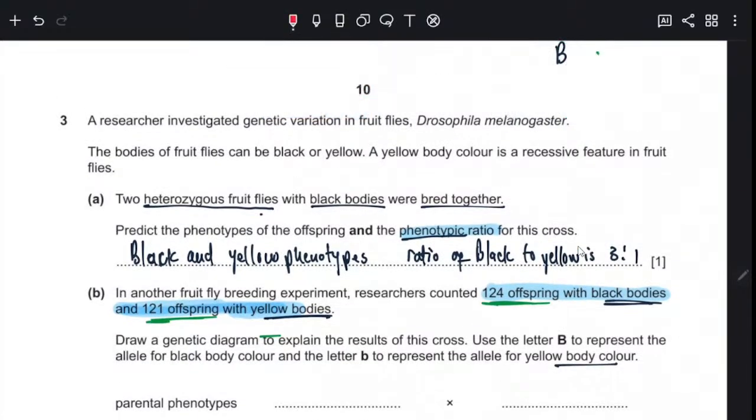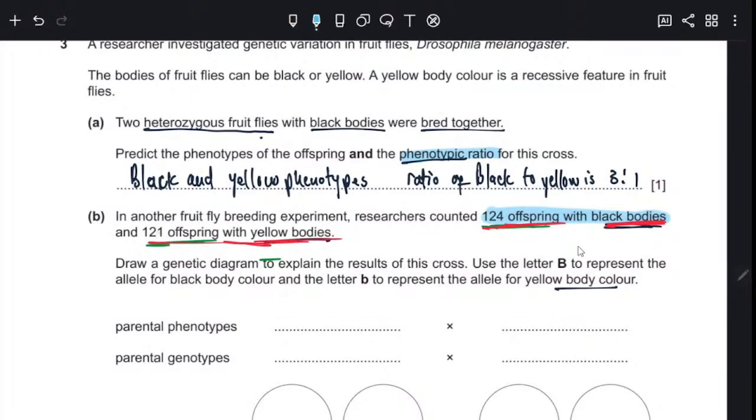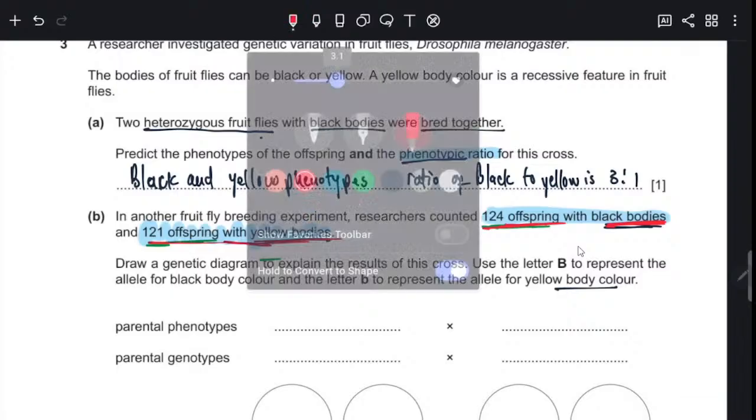Can we agree that when you get 124 offspring with black bodies and 121 offspring with yellow bodies, this is a 1:1? That 124 and 121, it's almost the same number, right? So that means this is 1:1, because experiments are never 100% accurate. But the fact that you got almost the same number, that means it's a 1:1.